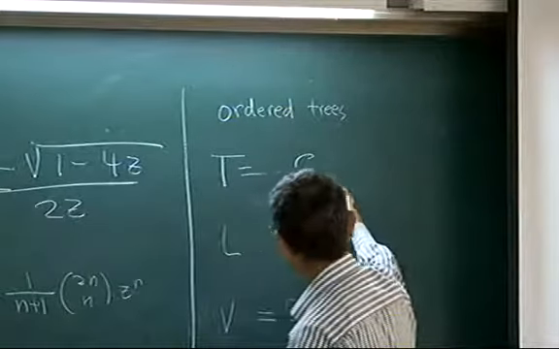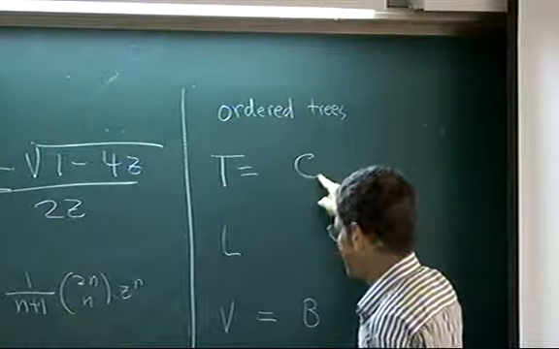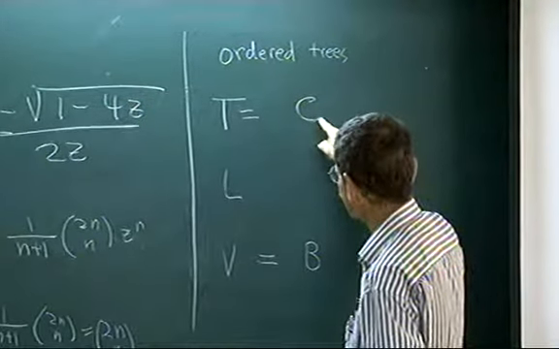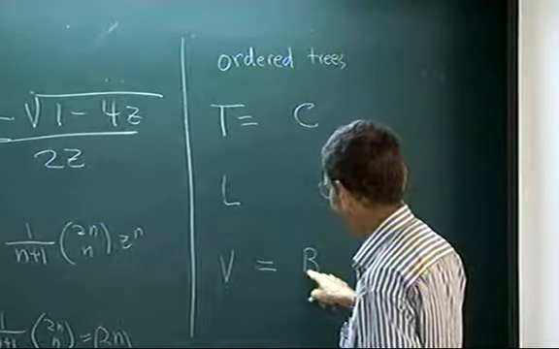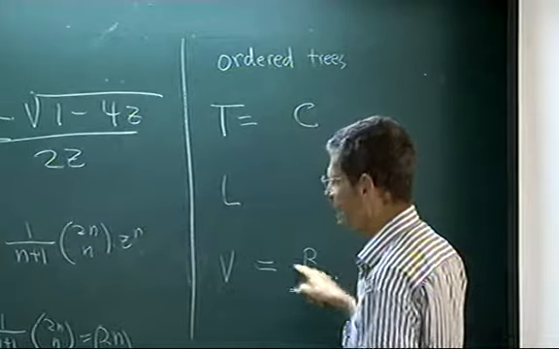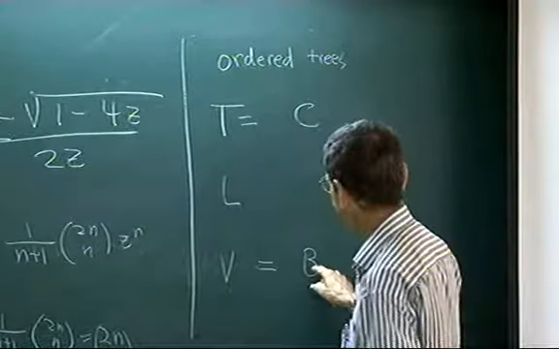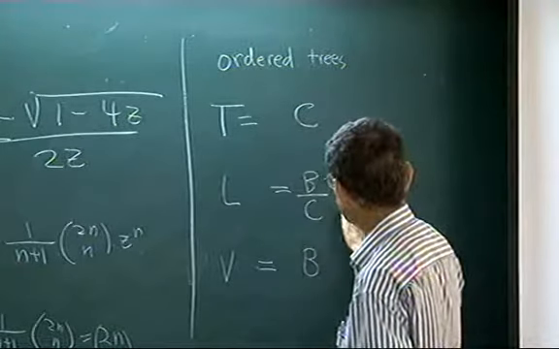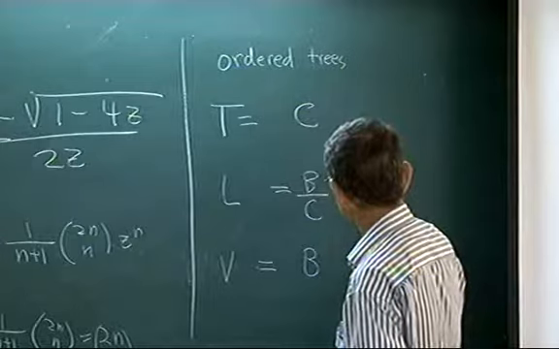The generating function counting the ordered trees is the Catalan generating function. The vertex thing, by what we've just shown here, is B, and rho is B over C.